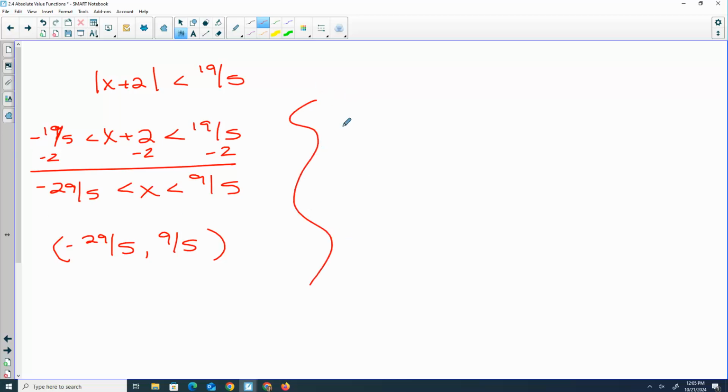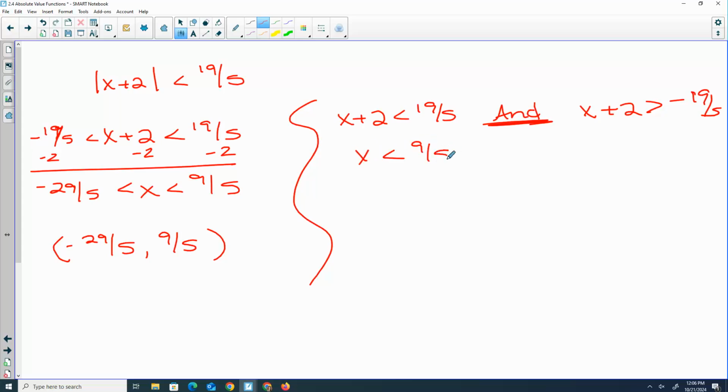If you did it the other way, so if you understand what I just did, you can tune me out for a second. If you're doing it the other way, you have to realize this is an and in between. So this one, you flip it and make it a negative. So you get x is less than 9/5, and x is greater than -29/5.